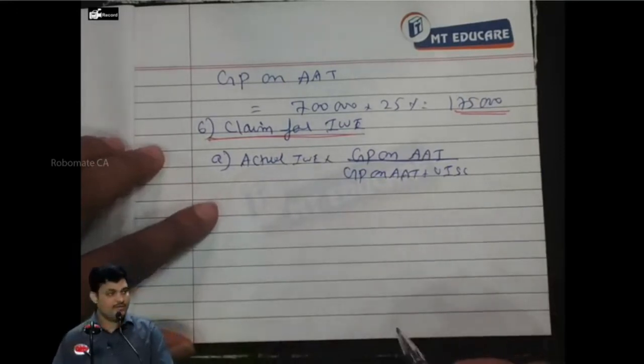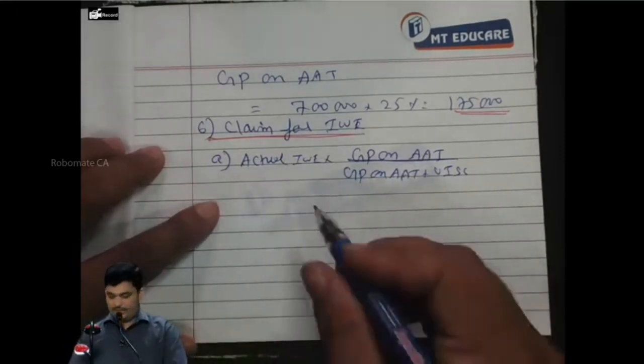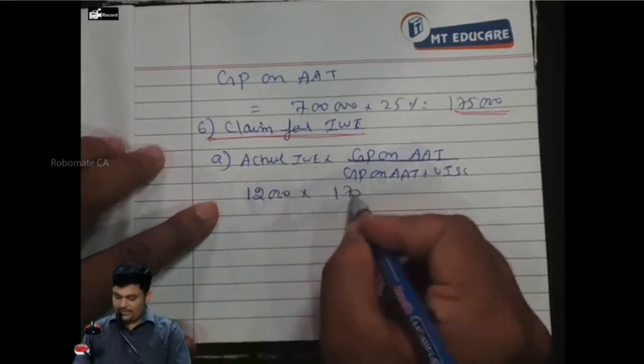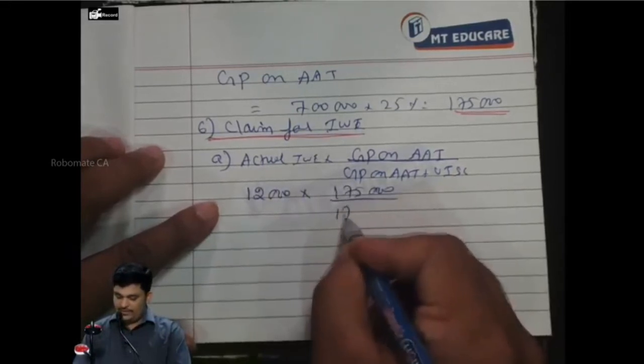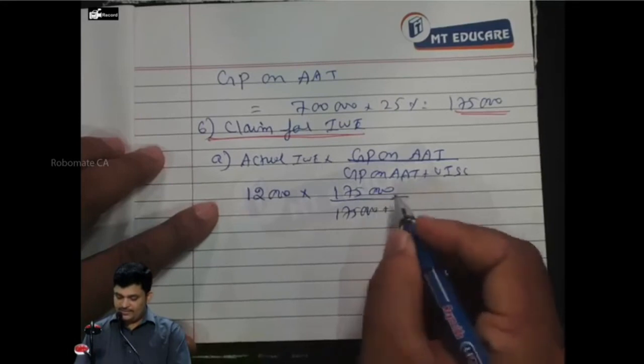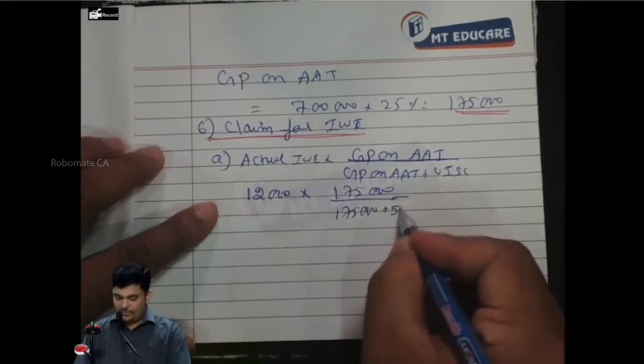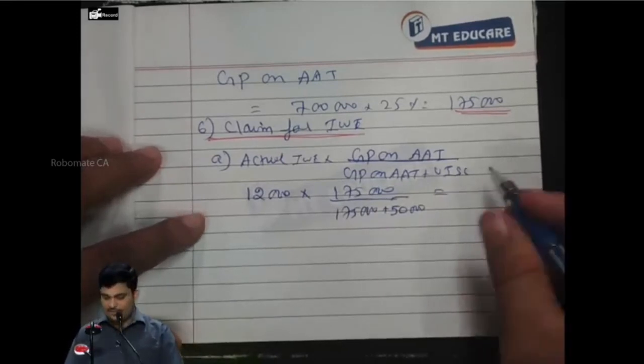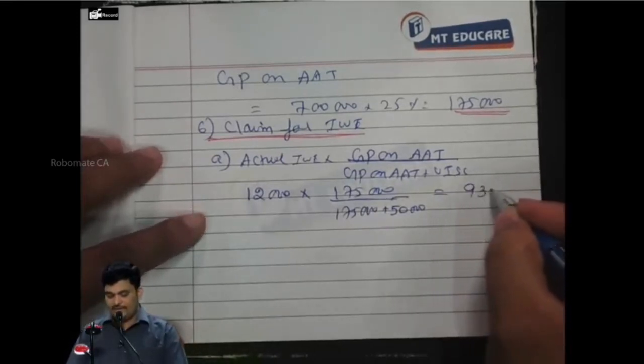What is actual IWE? 12,000 into 1,75,000 by 1,75,000 plus 50, which is 9,000.